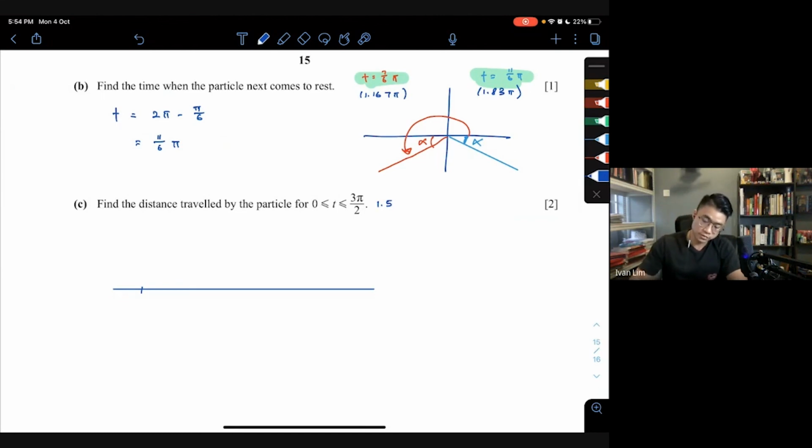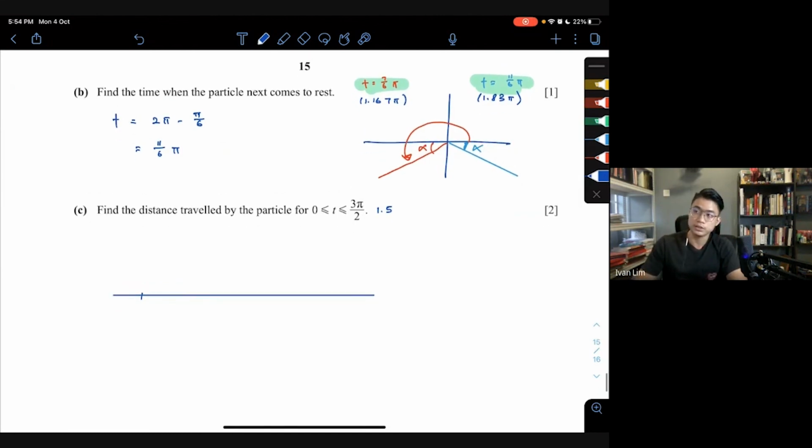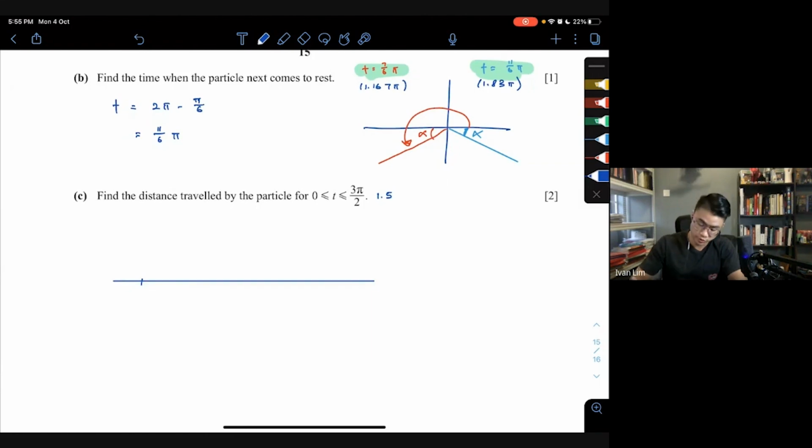In this case you sub in t equals 0, you get s equals 0. So we write at the x-axis the displacement equals 0. You draw it out first. Your particle, this is at t equals 0. I like to write the t beside the particle.